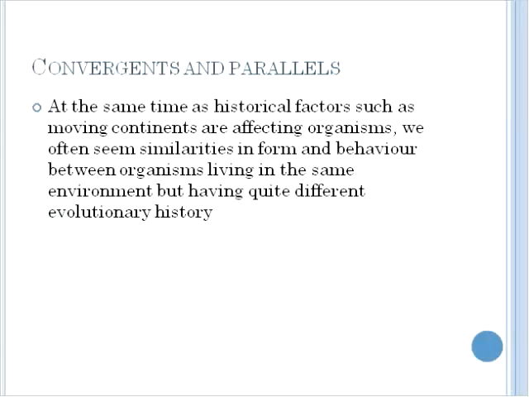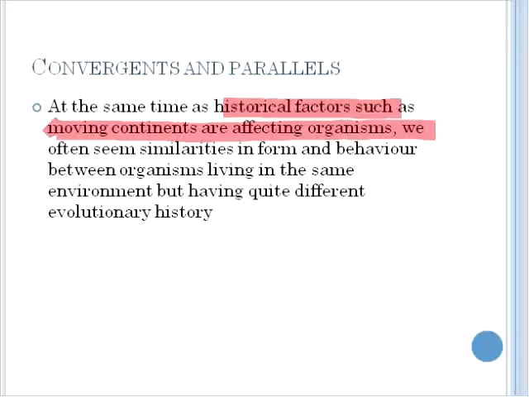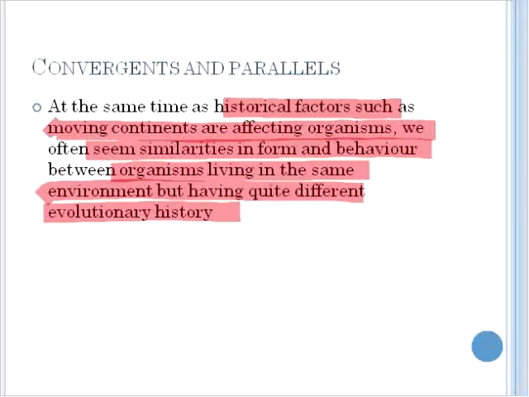Now, at the same time as historical factors such as continents moving are affecting organisms, we often see similarities in form and behavior between organisms living in the same environment, yet they have quite different evolutionary histories. This is as a result of convergence and parallels in their developmental history.